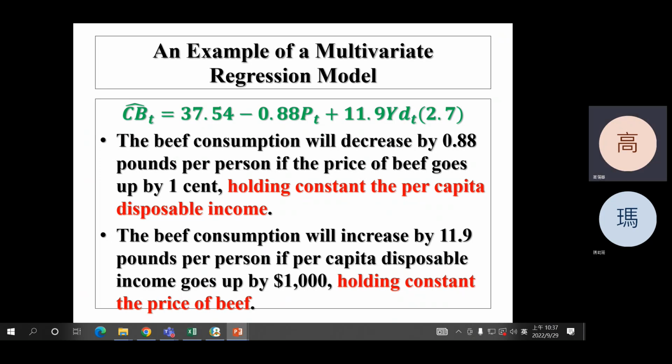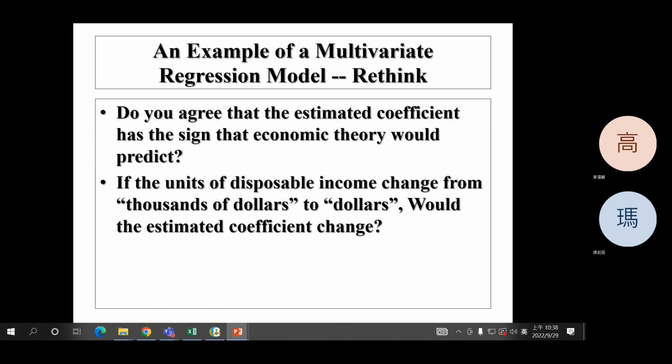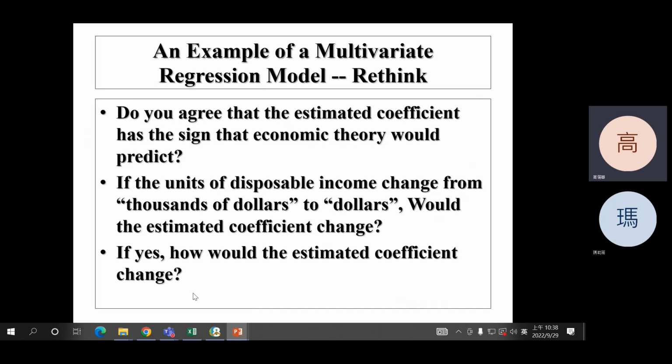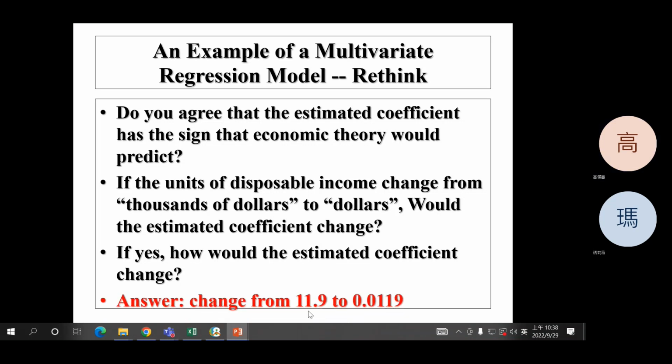Well, we can do some practicing at our second example, okay? So here, do you understand what I'm saying? This is about a little bit of math. Okay. If yes, how would the estimated coefficient change?